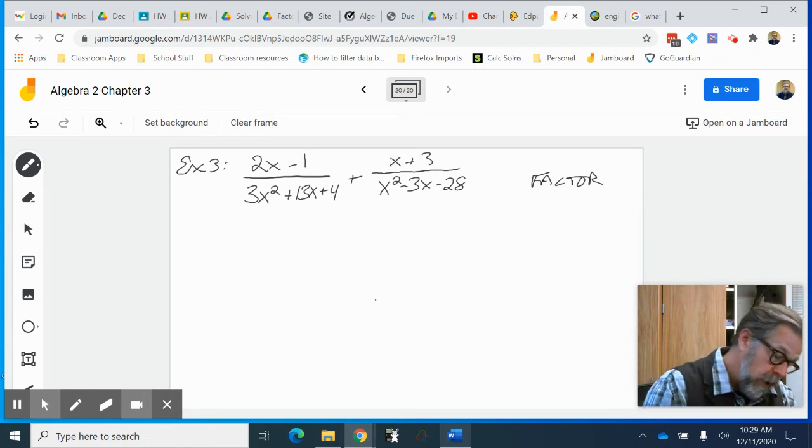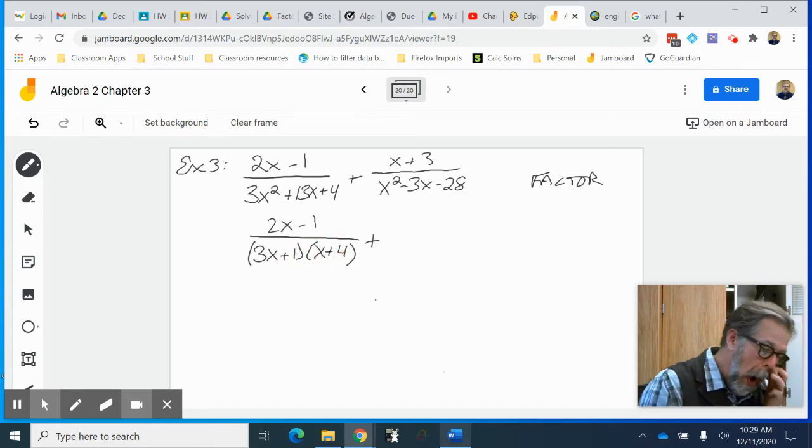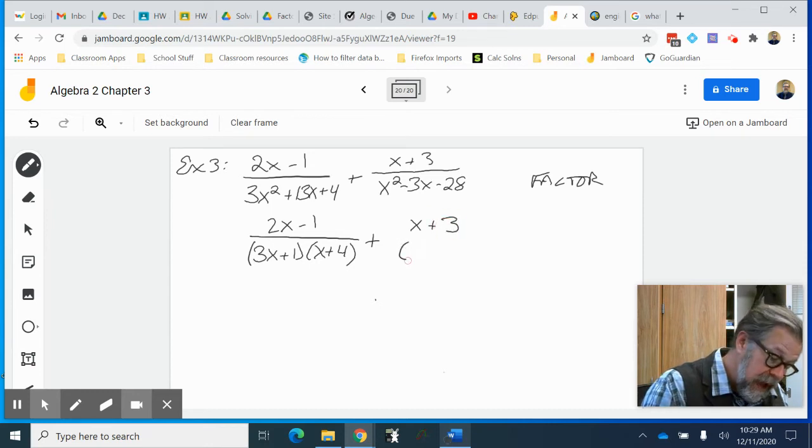Okay, so I got 3x plus 1 times x plus 4 for the left denominator. I got x minus 7 times x plus 4 for the right denominator.